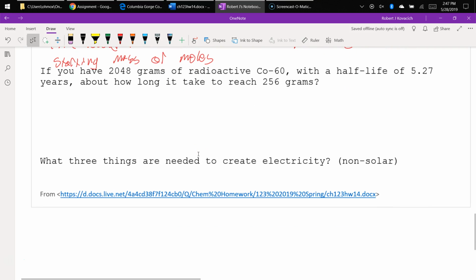All right, so I've got 2,048 grams of cobalt-60 with a half-life of 5.27 years. How long will it take to reach 256 grams?